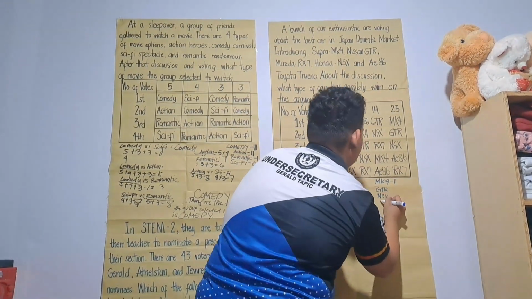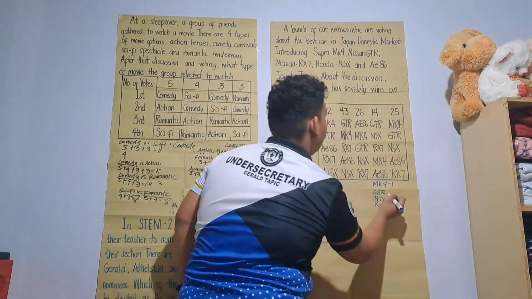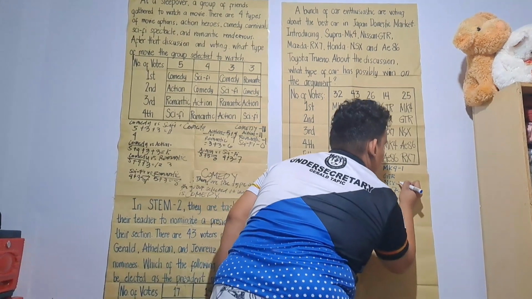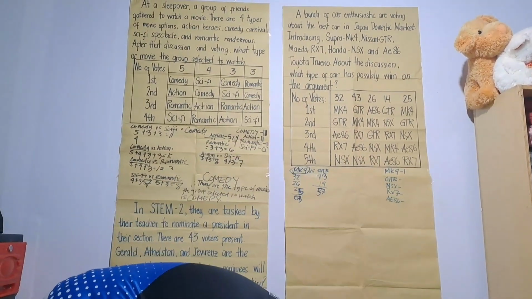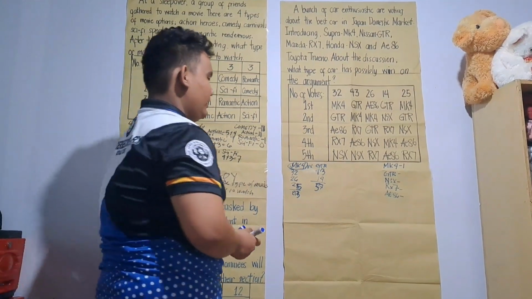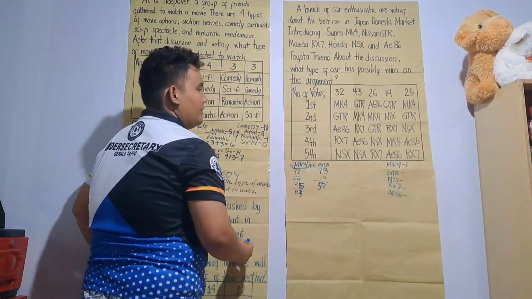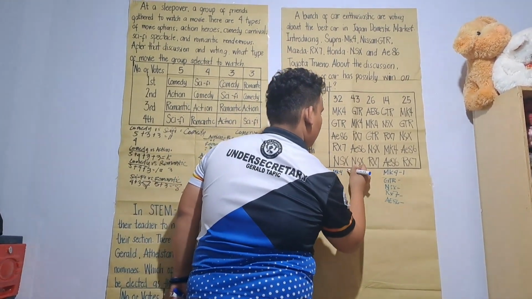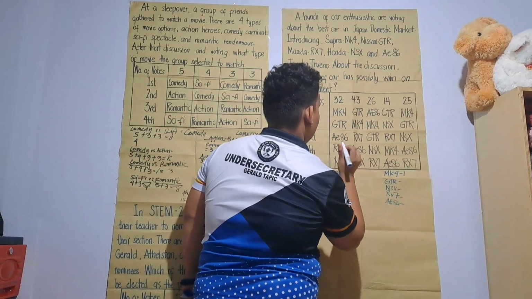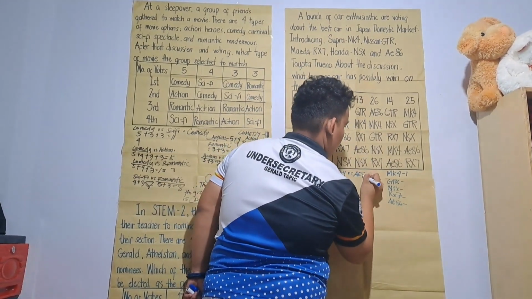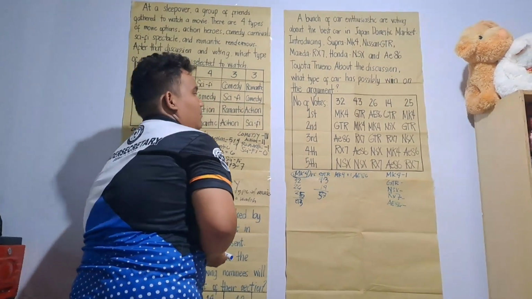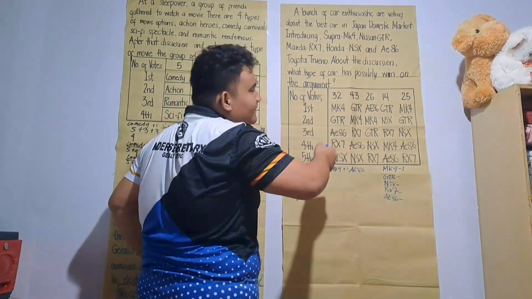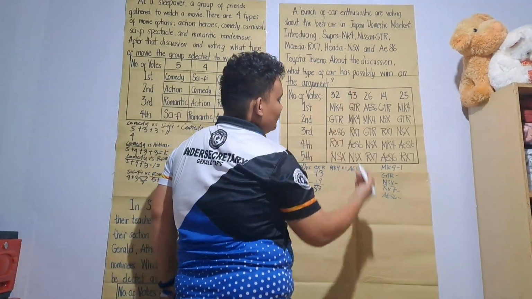So to continue, the next matchup is MK4 versus AE86. At the table, in the first column, MK4 is first, so the 32 votes go to MK4.